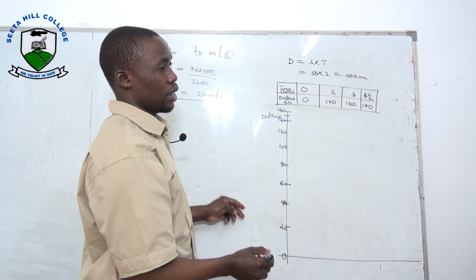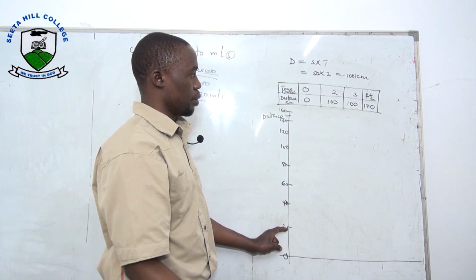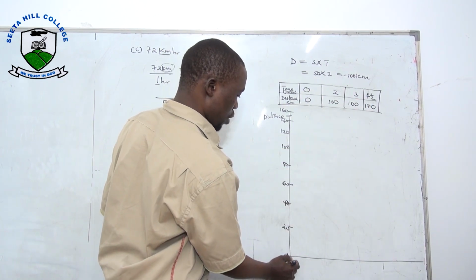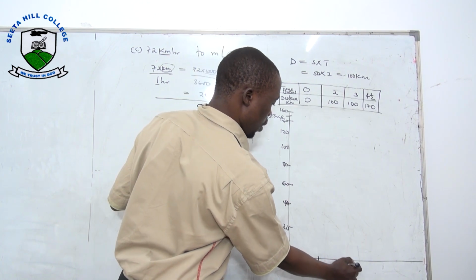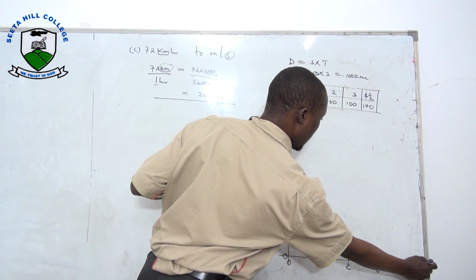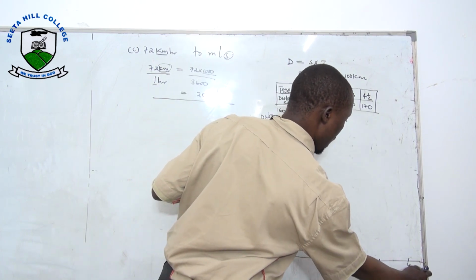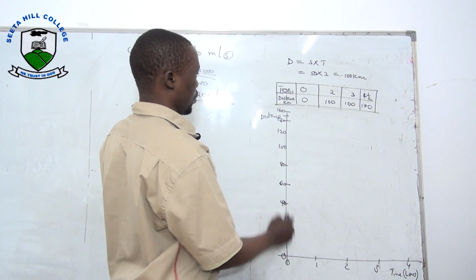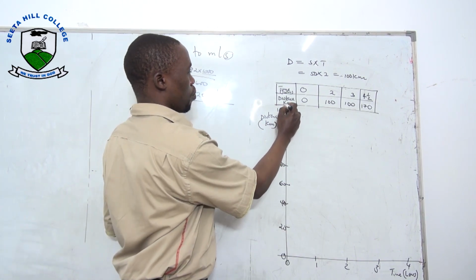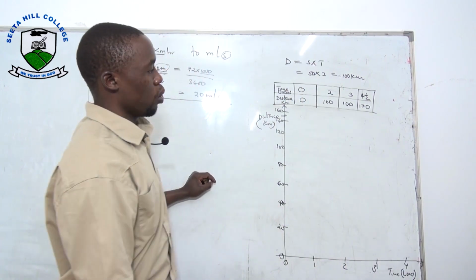Now make sure these are 2 centimeters, please, not 1. Then this is 0 to 4, so I can use 0, 1, 2, 3, 4, and 5. Lastly, 2 centimeters also. This is the time in what? Hours. And distance in kilometers. Then you have to put the arrows, not so?